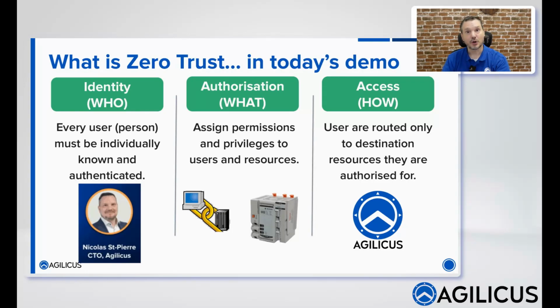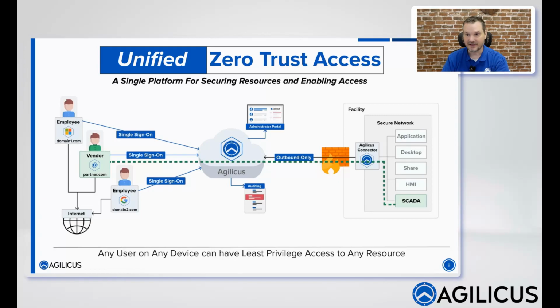So these are the components that we will see in the demo. Remember, my identity, nick@agilicus, no one else. Second, the piece of software client I'm going to be using today in my Windows environment, RSLinx. The device I'm going to be going to, the CompactLogix PLC, and all of it will be routed through the Agilicus NEX Zero Trust platform.